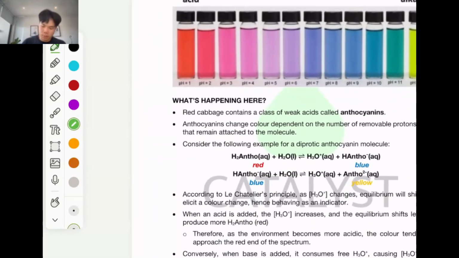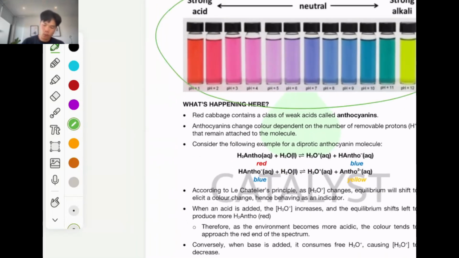Only thing interesting about this prac is that you see almost a spectrum of color beyond just acidic color, basic color, and transition range. You go from red to blue with a pink in the middle, and from blue to yellow with a green in the middle. There's a particular reason for this.